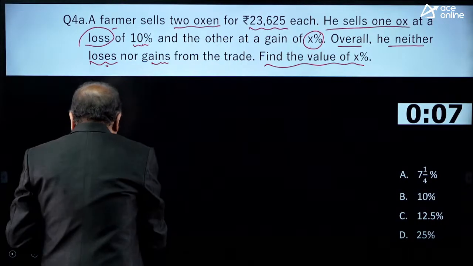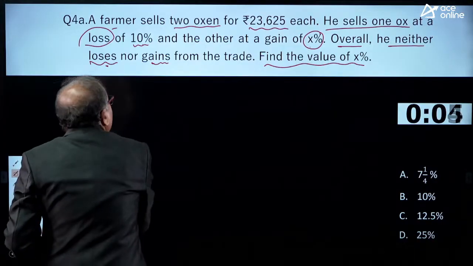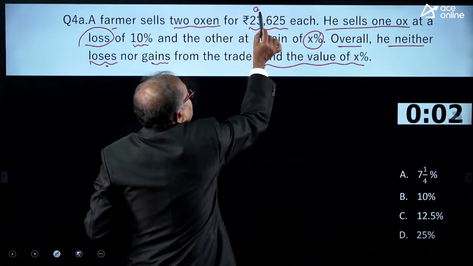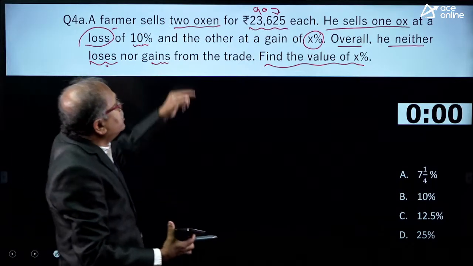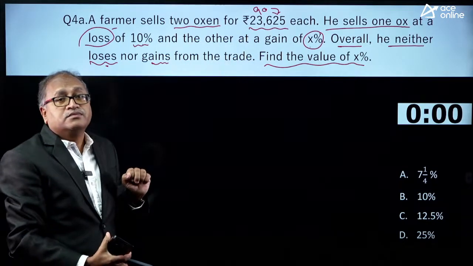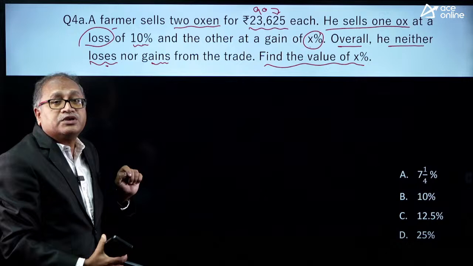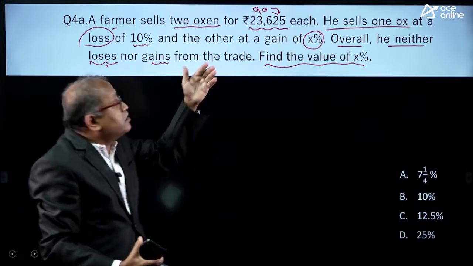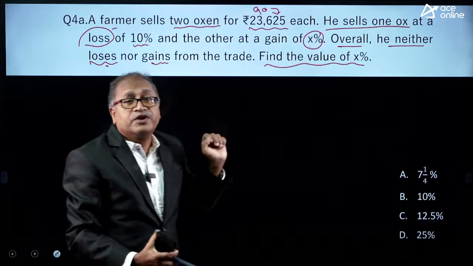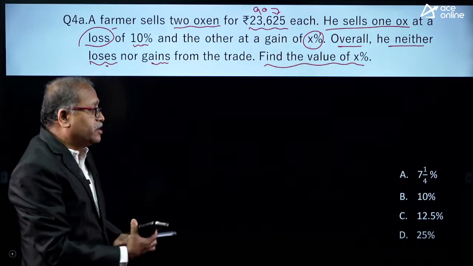That means this selling price will be 90% of the cost price. You already know the 90%. You need to find out the 10%. You can find out. And that loss is equal to profit here. Come on, my dear friends.